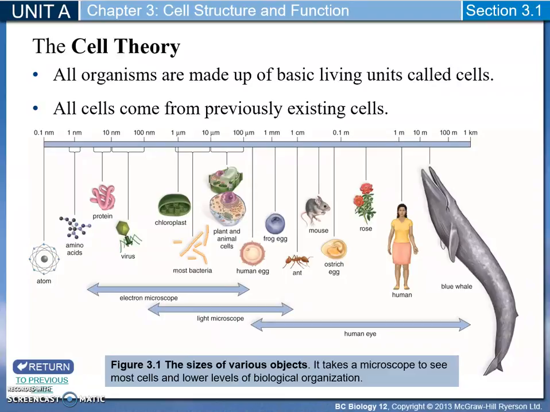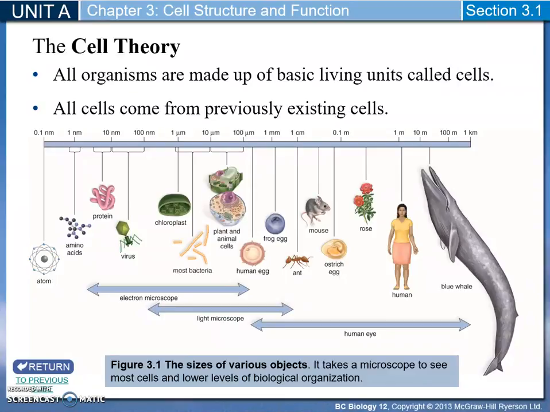And the chart here is just to show the size of different objects and how the size of cells compare with other things. So the size of cells obviously are going to be larger than atoms and molecules, and by and large larger than viruses as well.